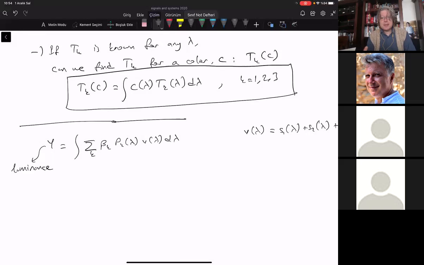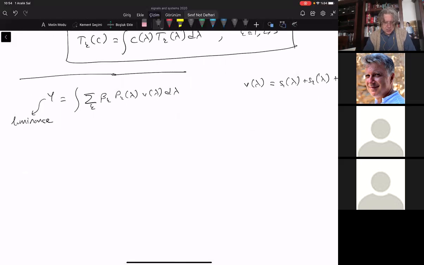This is the overall brightness of that point. By the way, this beta k can also be replaced by the white k times the 3 stimulus tk, or tk of lambda if you wish to say.